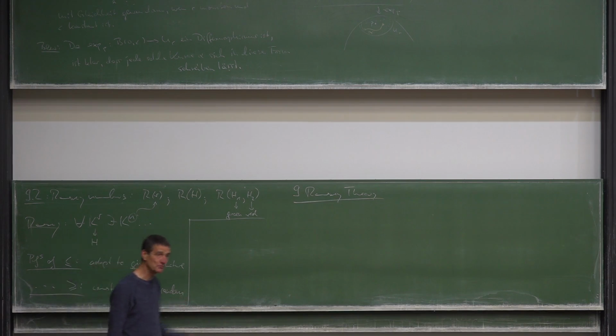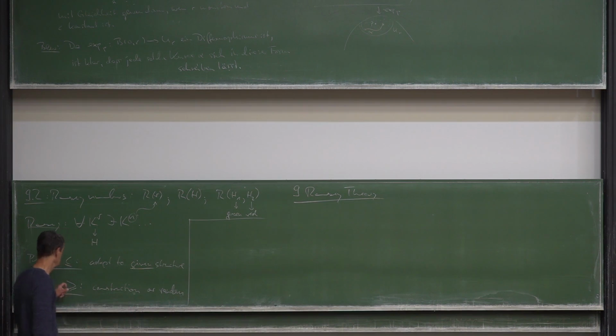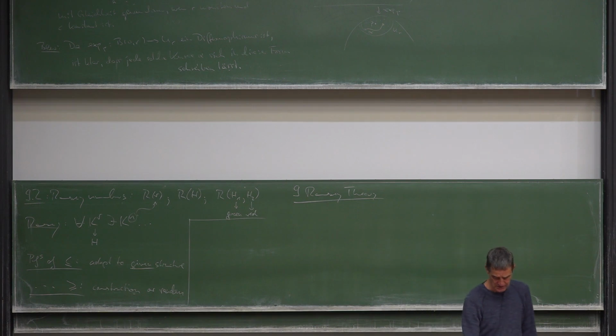We'll get there, and we'll prove a lower bound for the classical Ramsey number R of little r in exactly this way, as the first little application of random graphs in the week after next. Okay, so that really is all I wanted to say in general.